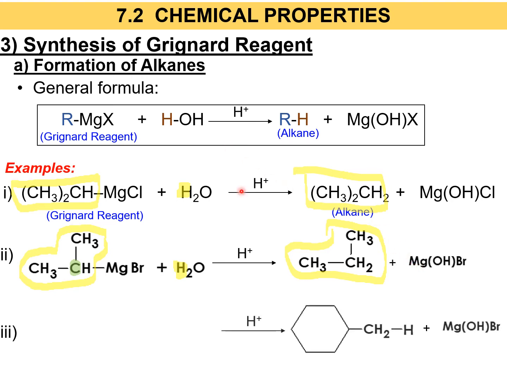Okay, last one. If let's say you ada this alkane, contohnya ditanya, apakah Grignard reagent yang menghasilkan this alkane? Alright, so you tengok ni, this alkane actually, if you look here, this is CH3, right? That means this carbon, they accept hydrogen.